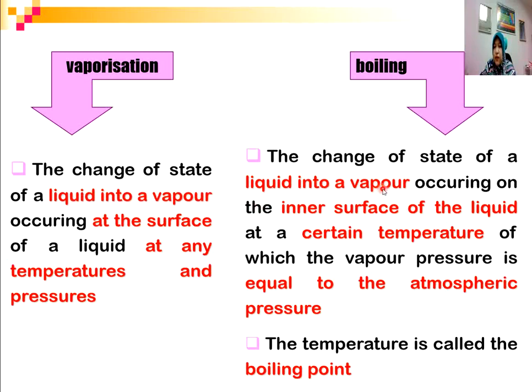But boiling occurs in the inner part and also the surface of the liquid, and it happens at a certain temperature. This certain temperature is when the vapor pressure of the liquid is equal to the external atmospheric pressure, and this temperature is what we call the boiling point.